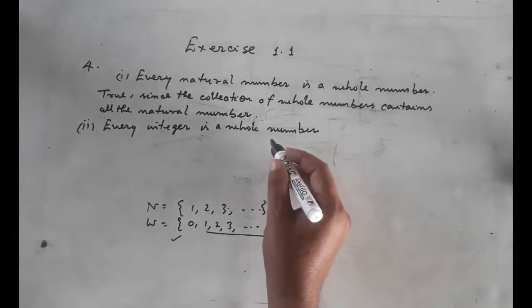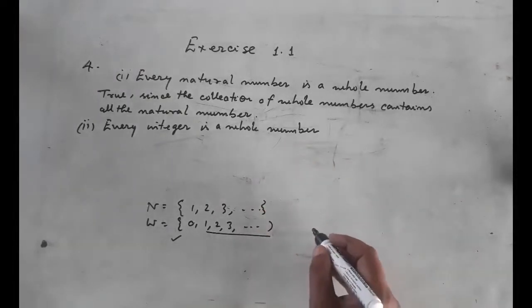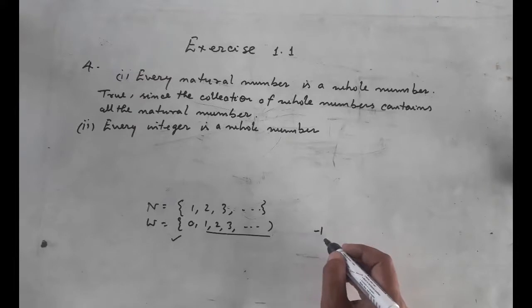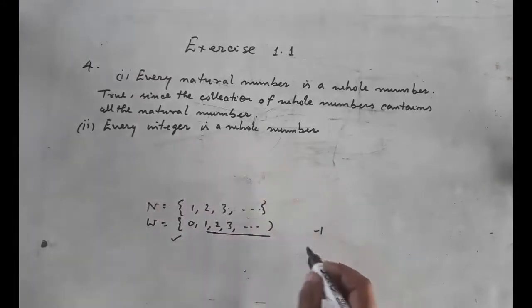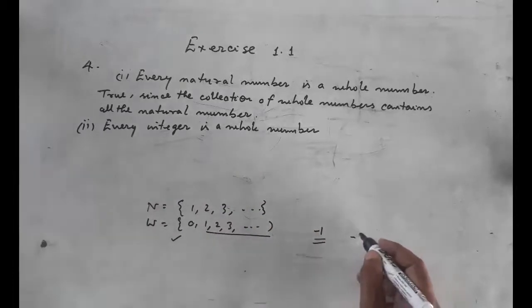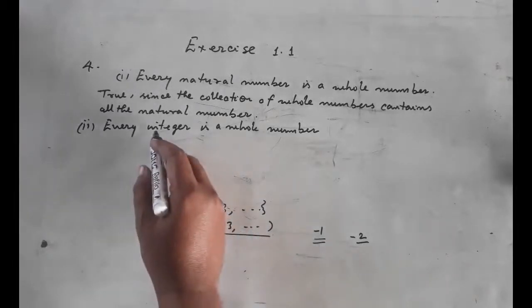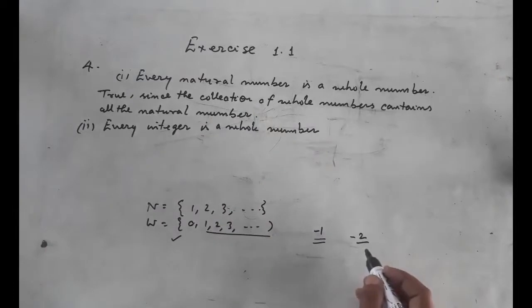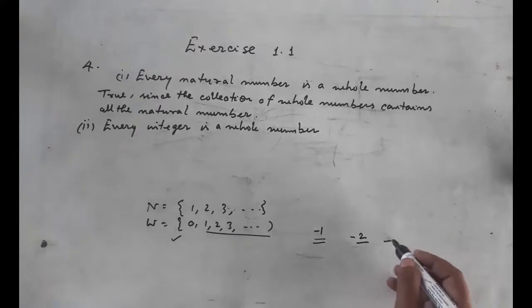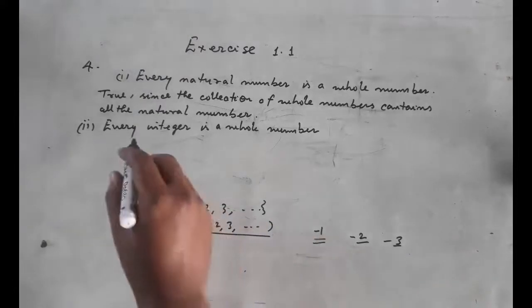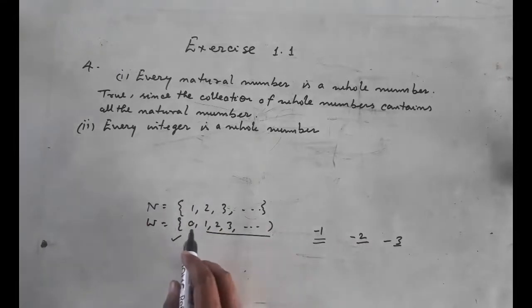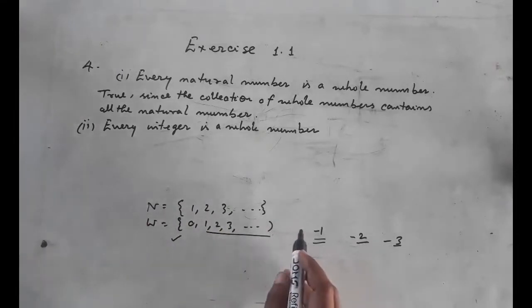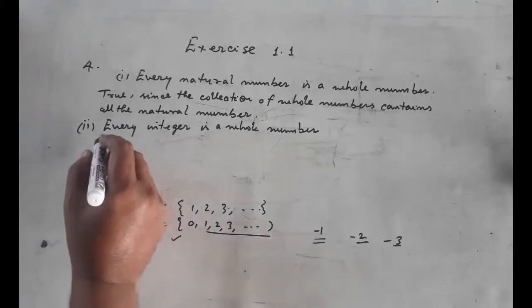Why is it false? Such as if we take -1, it is an integer but it is not a whole number. -2 is an integer but it is not a whole number. Means -1, -2, -3, these are integers but not whole numbers. Your whole numbers are 0, 1, 2, 3 and so on. Therefore that is false.